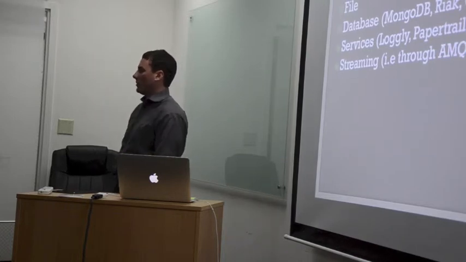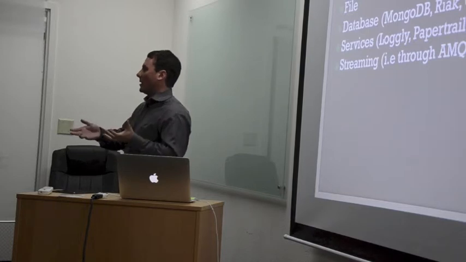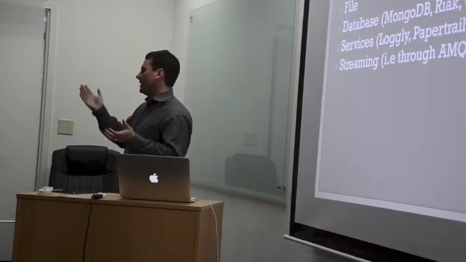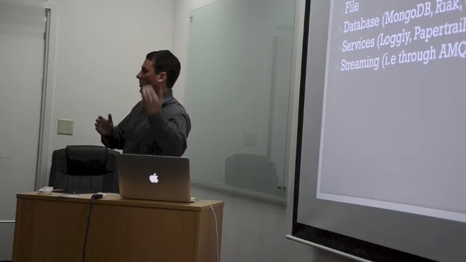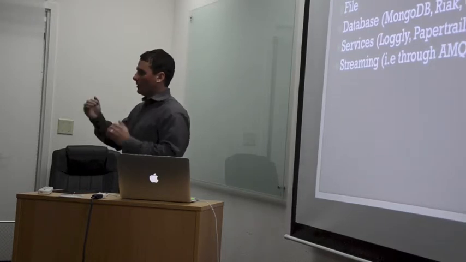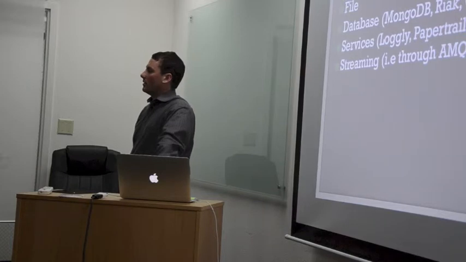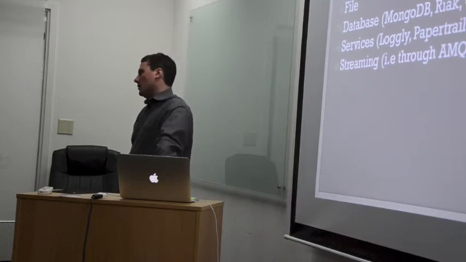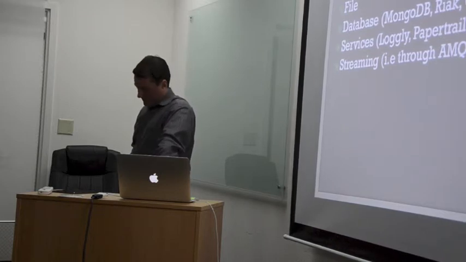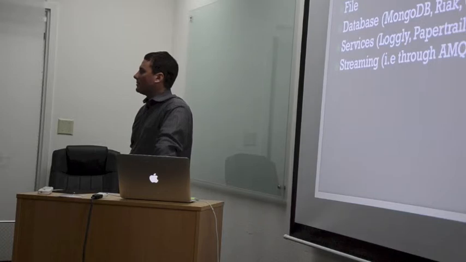From RabbitMQ, it goes into an exchange where, if no one's listening, it gets thrown away. But if there's a queue registered and listening, that queue starts firing out to whatever client you have. We'll do the same thing with Bunyan, but we won't use the Winston AMQP module, we'll use the Node AMQP streams module.